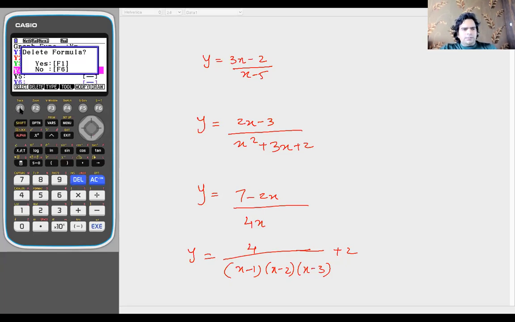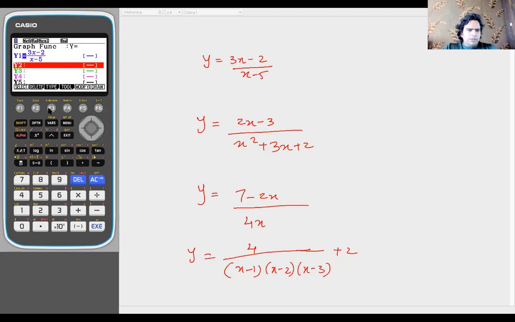I'm just clearing this part. My equation is 3x minus 2 over x minus 5, so you just type it out.